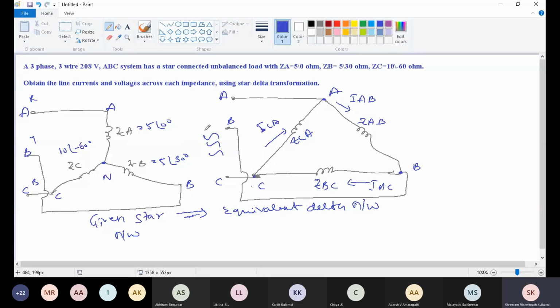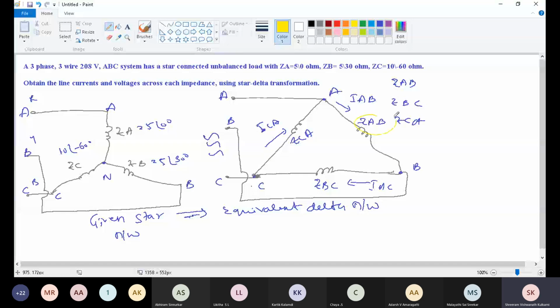See, in an examination, if you are given this type of problem, first you need to draw that given network. Is it a star or delta? Then draw the equivalent delta or star. Now here in this question they have a star network, so draw an equivalent delta network. Now from this, what do I get to know? ZAB, ZBC, then ZCA.